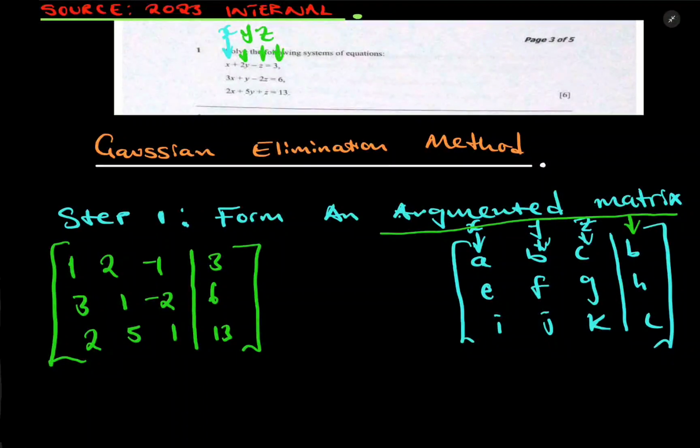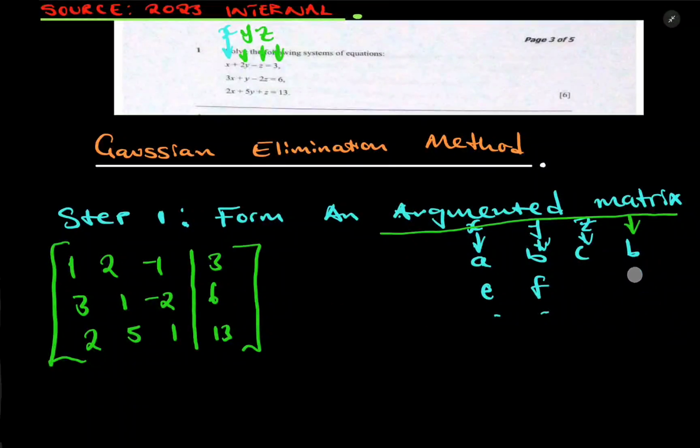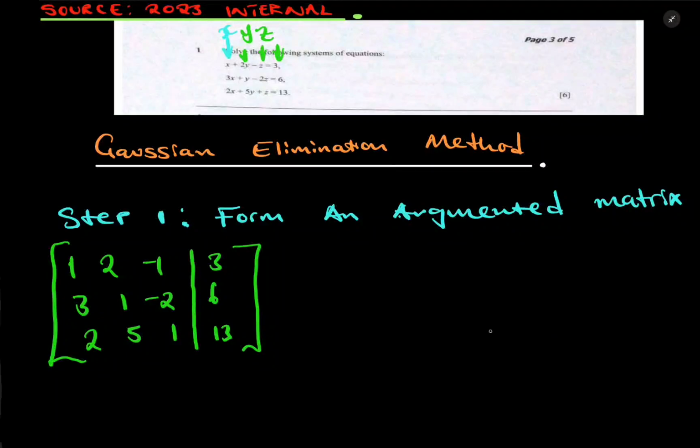Okay, so now we can jump to the last step. The last step is transforming this particular augmented matrix into what we call an upper triangular matrix.